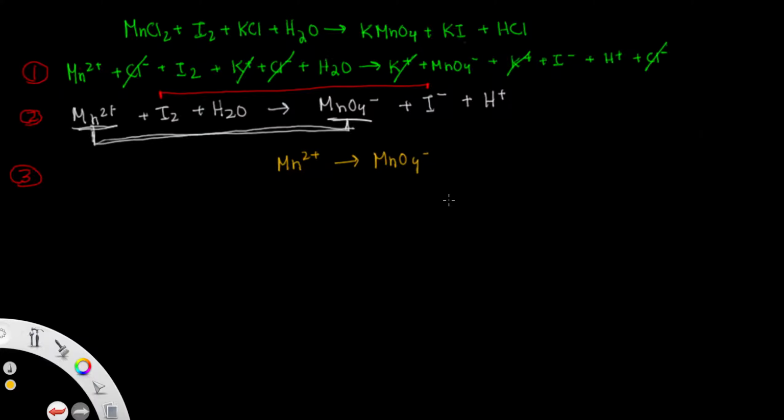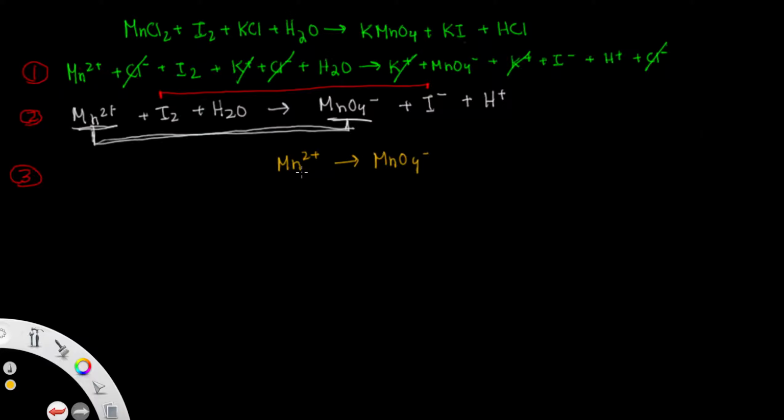Okay. So let me first balance this small reaction out, okay? This is a focused reaction, so I'm going to balance this guy out first. All right, so basically what I'm going to do is I'm going to see what can I do to balance this out?